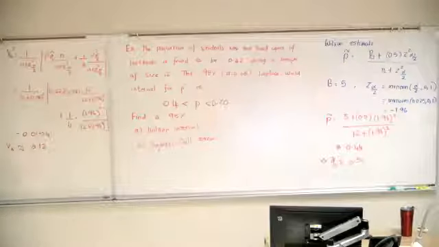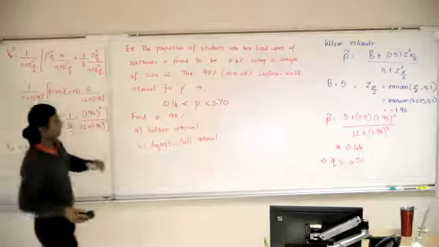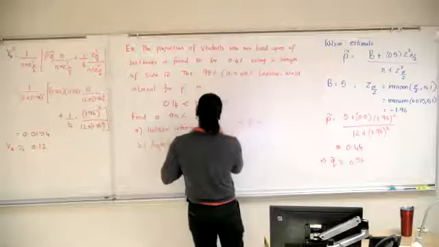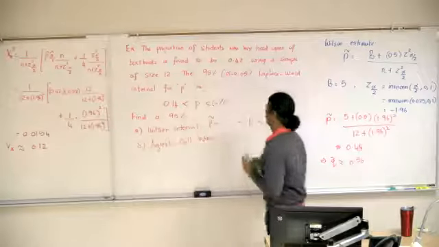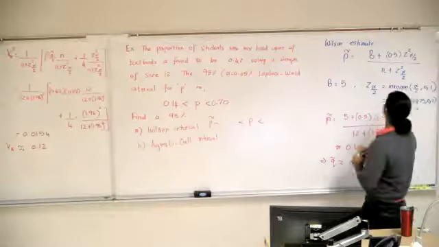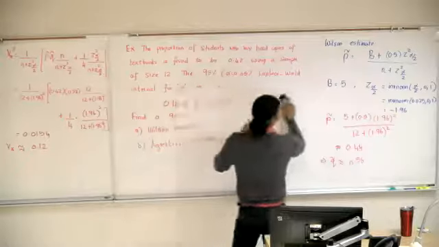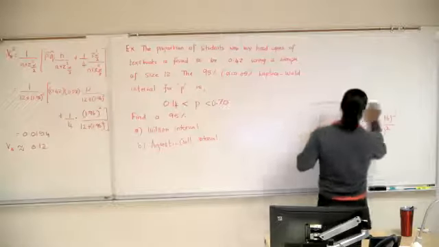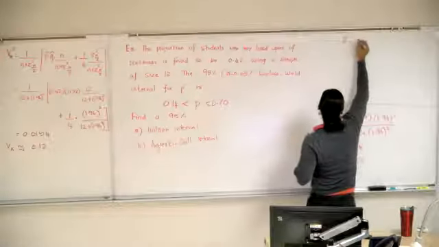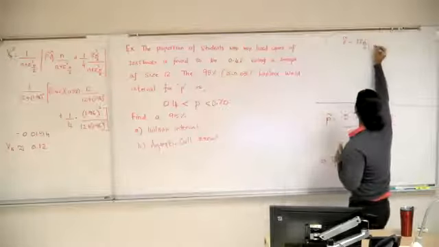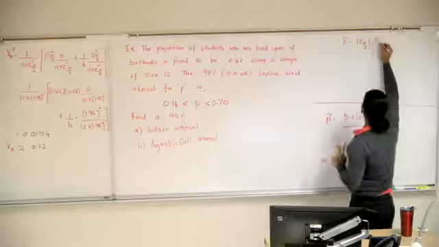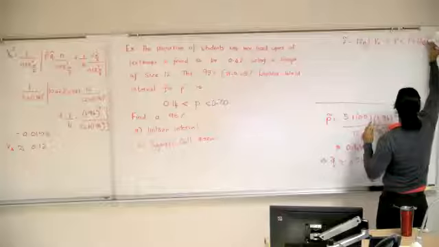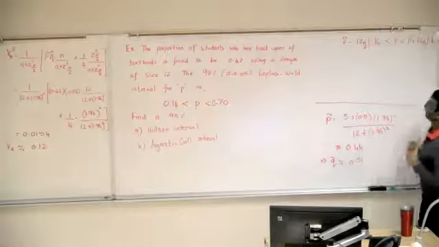Good. Now we know how to find the Wilson interval. Wilson interval is simply P tilde minus critical value Z alpha over 2 times V star, less than P, less than P tilde plus absolute value of Z sub alpha over 2 times V star.